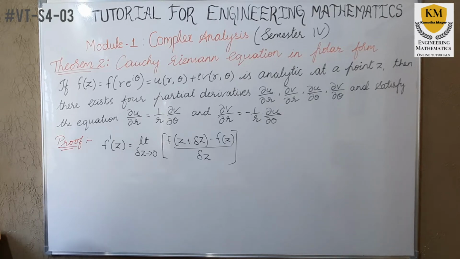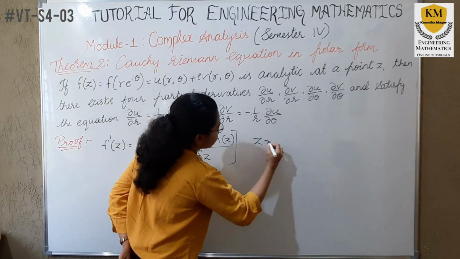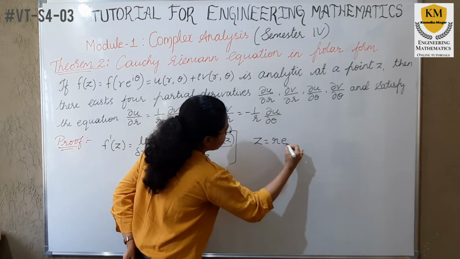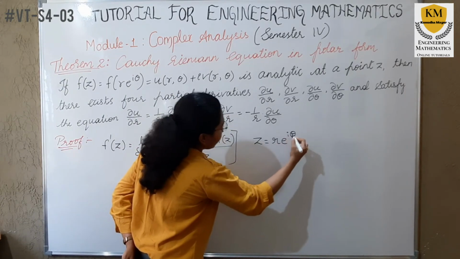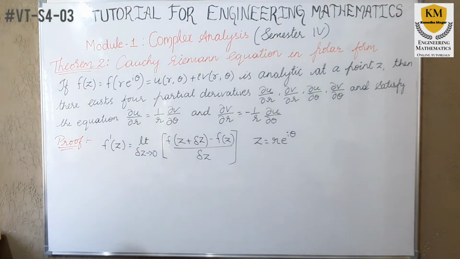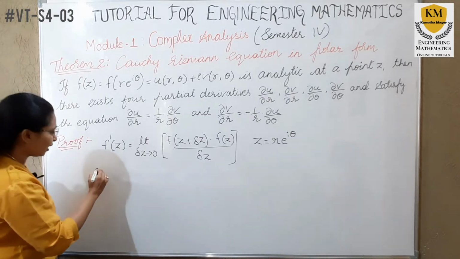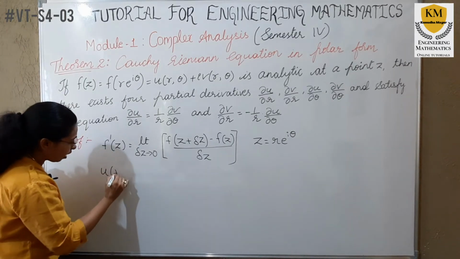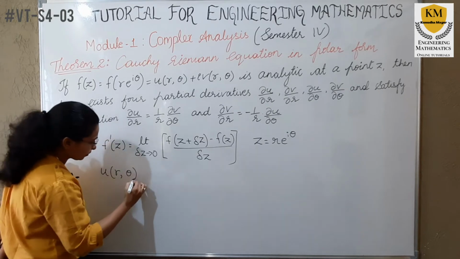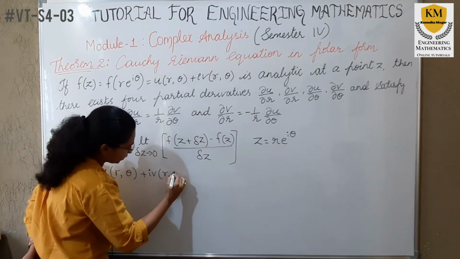So also I would like to write it here. We are considering z as r into e to the power i theta. By using this definition, I am going to derive this theorem. I would also tell you that this can be written as u of r comma theta plus i v of r comma theta.